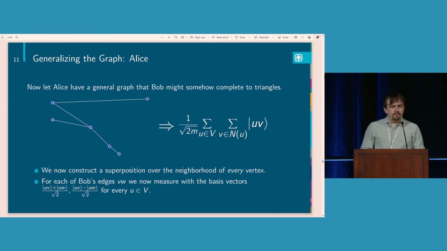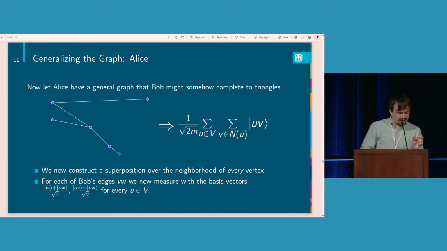So now Bob is going to receive the superposition, and he's still going to construct a measurement basis from his matching, but instead of adding 2 basis elements for each edge VW he has, he now adds 2n basis elements, where n is the number of vertices in the graph.